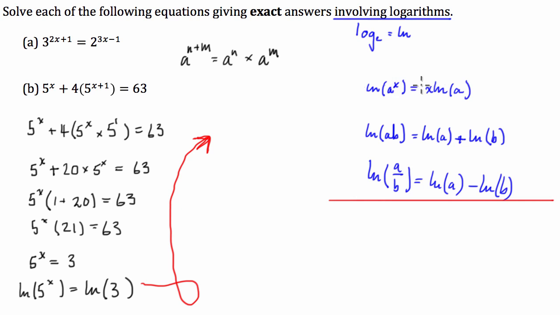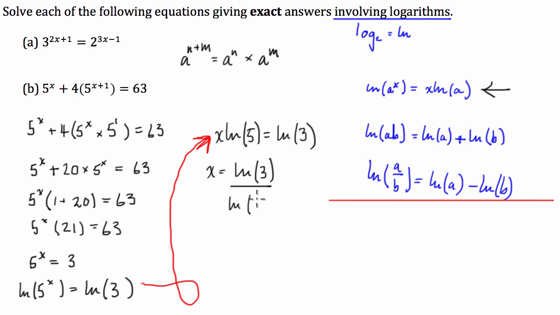And then we're going to use this log law here, which will give us x ln 5 equals ln 3. Then we can just literally divide both sides by ln 5, and we have x is equal to ln 3 over ln 5. And that's all she wrote for this one.